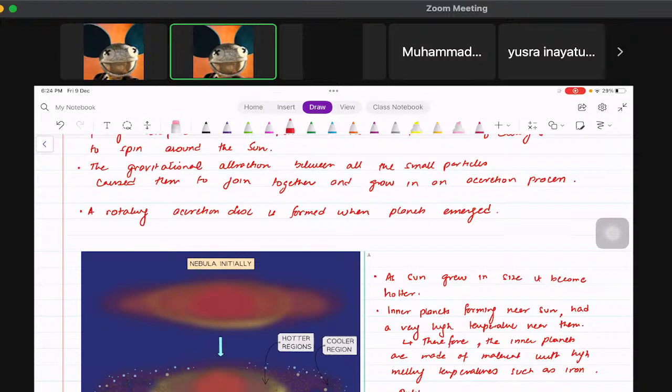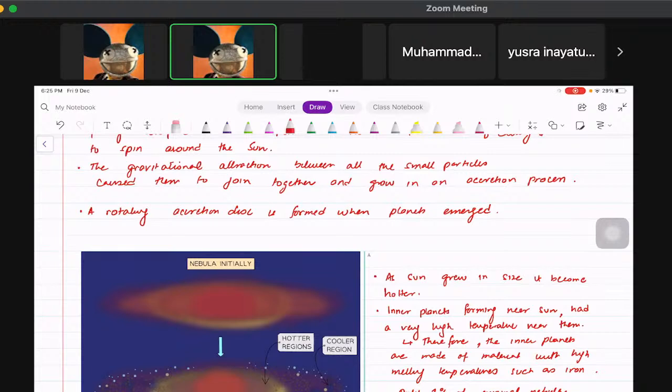Only 1% of the original nebula is composed of heavy elements.